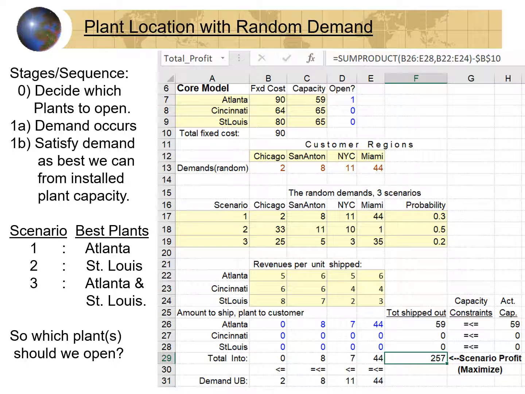Regardless of which scenario occurs, if we average over all possible scenarios, what is the best decision to make at the outset in terms of opening plants, given the probabilities in column F and the possible scenarios in rows 17, 18, and 19?